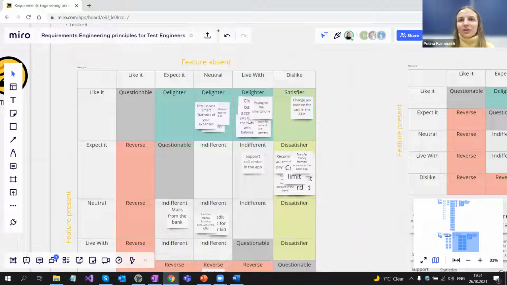And it's really those features that create the buzz about the product. Oh, have you seen this feature or that feature?